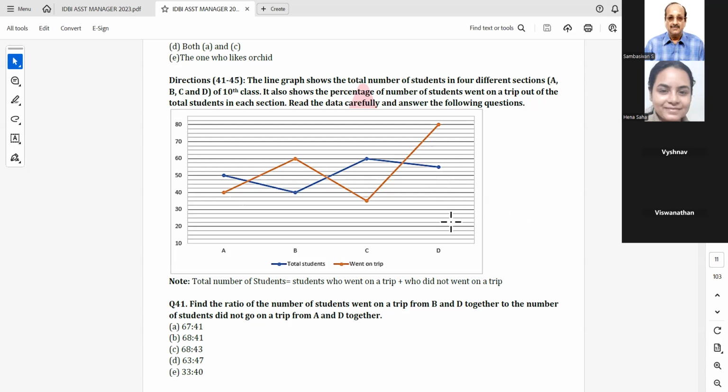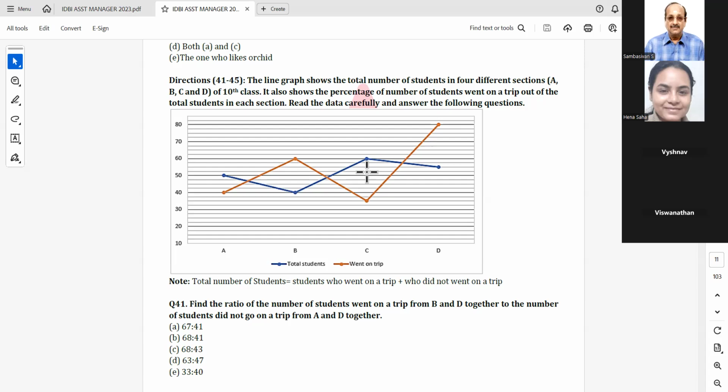Percentage of students who went on a trip, A class 50%. Then B class 40%. C class 60%.